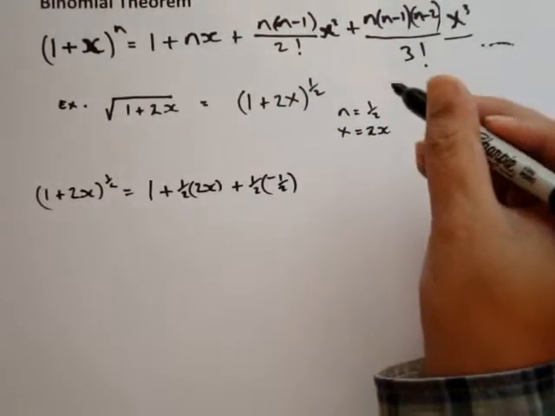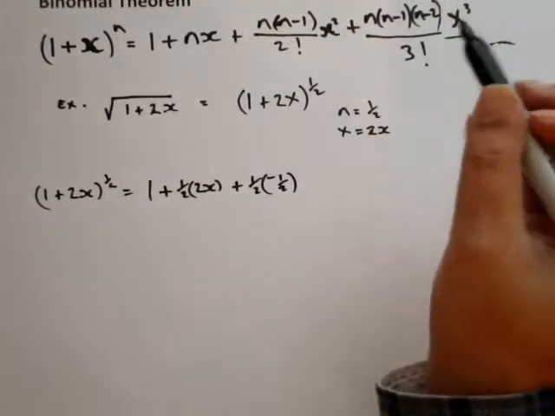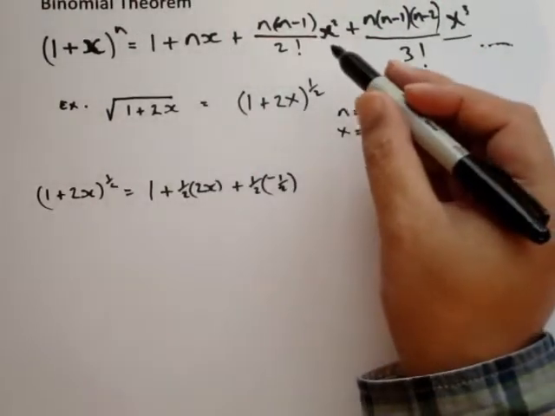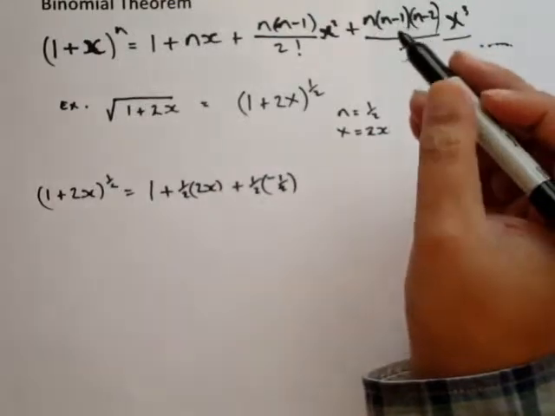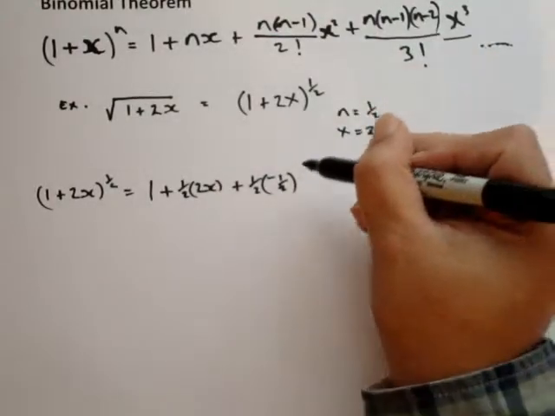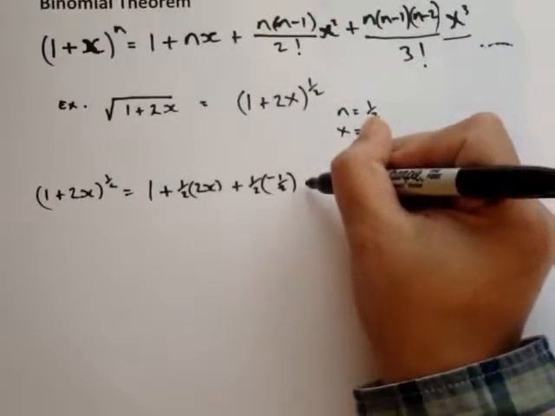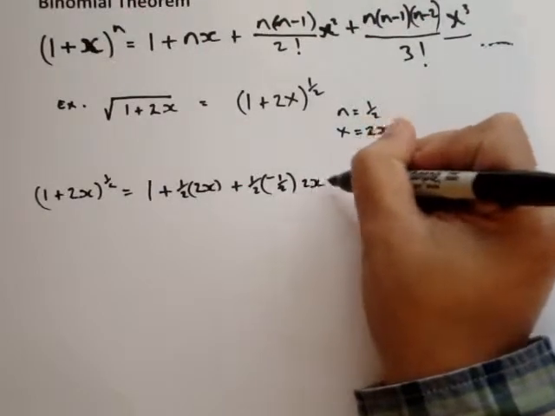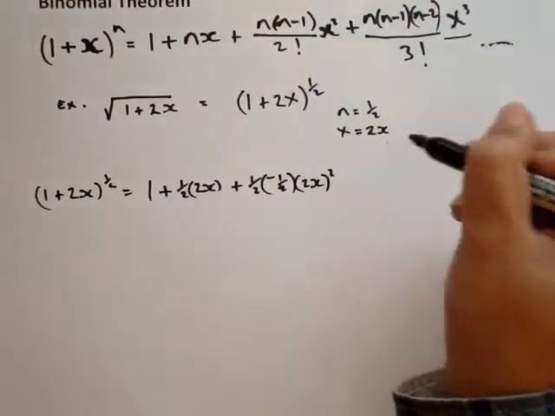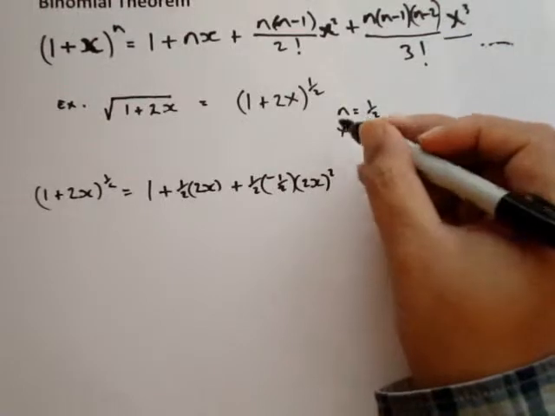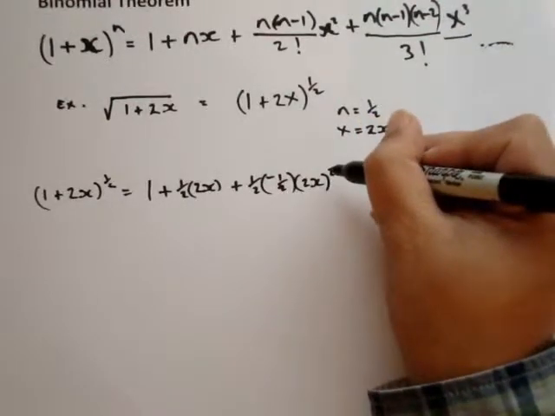Okay, and then we multiply by our 2x squared, which is our x squared, and then our 2 factorial becomes a half.